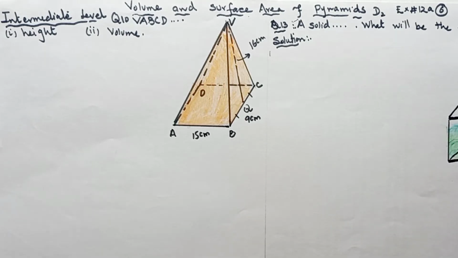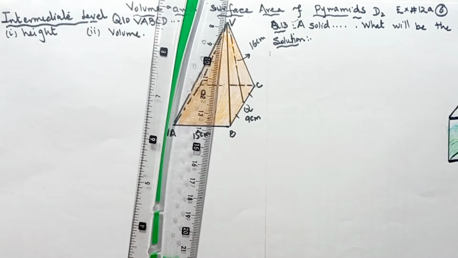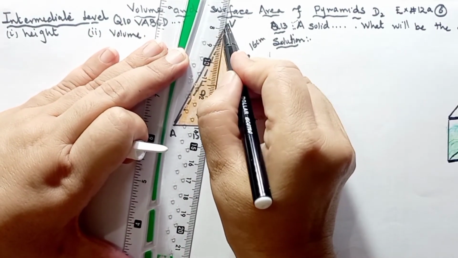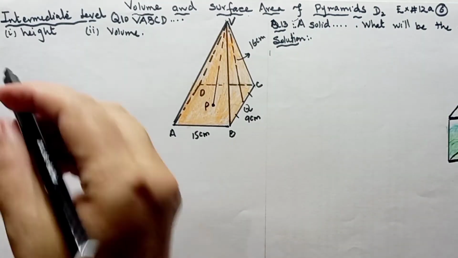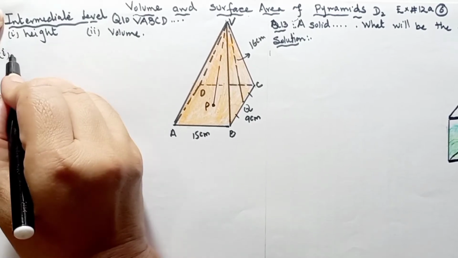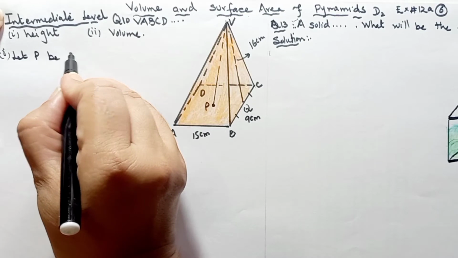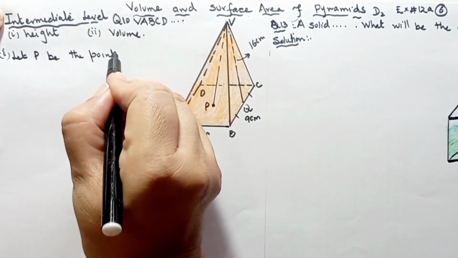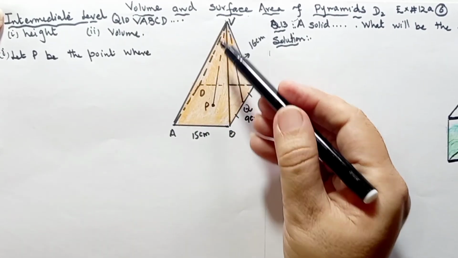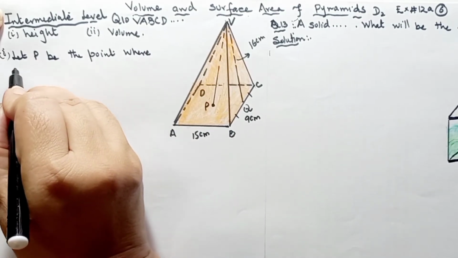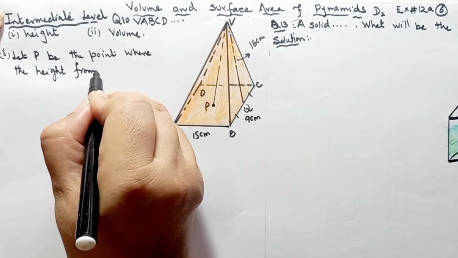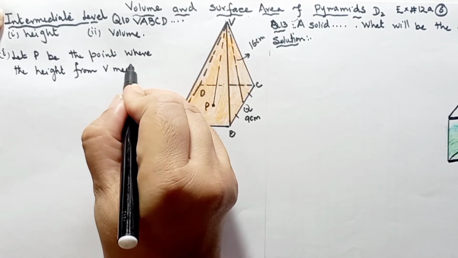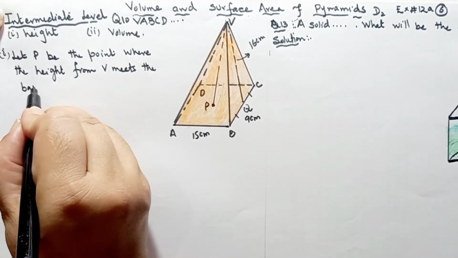So first of all, we have to drop the height of the pyramid from V to the midpoint of the base, and let me mark a point P. Let P be the point where the perpendicular height from V meets the base. Now this is the height of this pyramid.